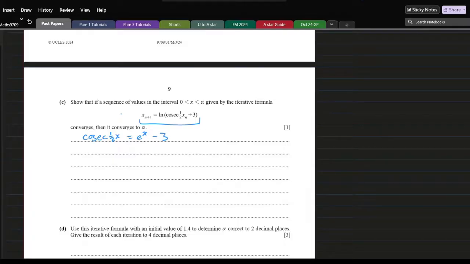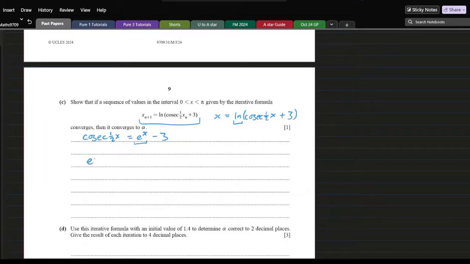So we have to show that these two equations are the same. So I'm just going to rewrite this equation here, except I'm going to remove all the n's and n plus 1. So that's x is equal to ln cosec half x plus 3. Now notice how we've got a ln on this side. The only way we end up with ln is if we're to make the x that's on the exponential the subject of the formula. So let's do that here.